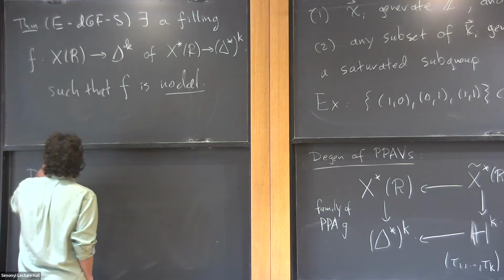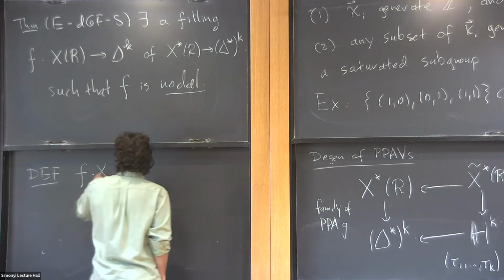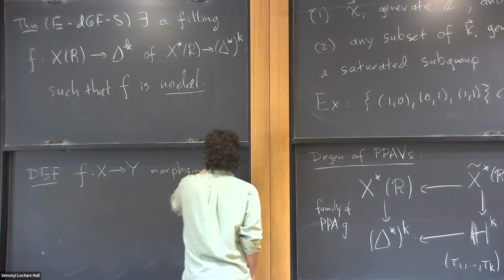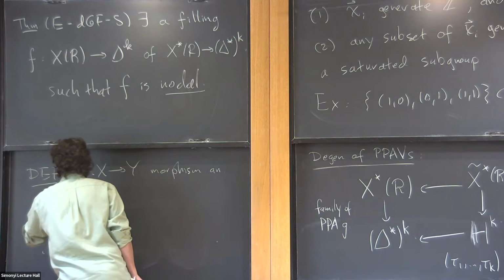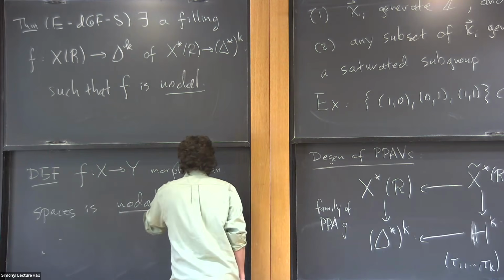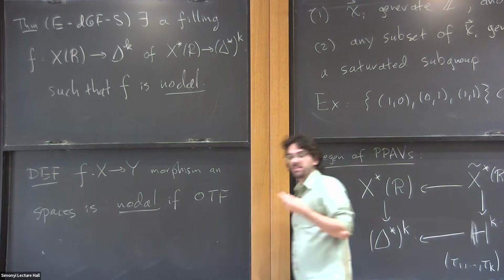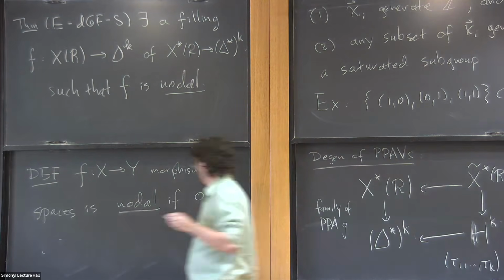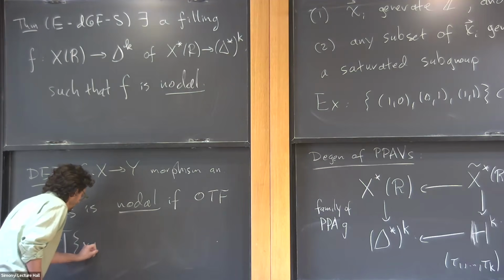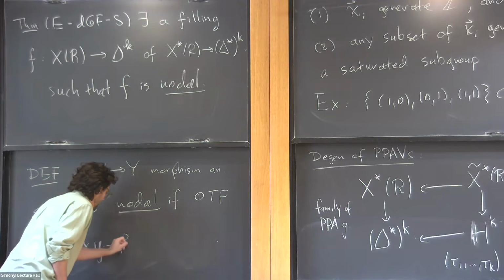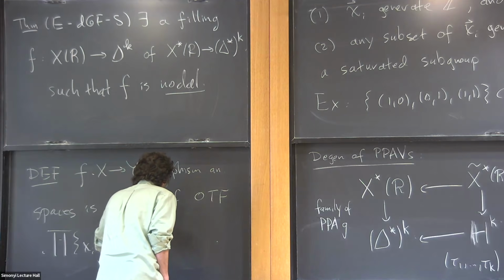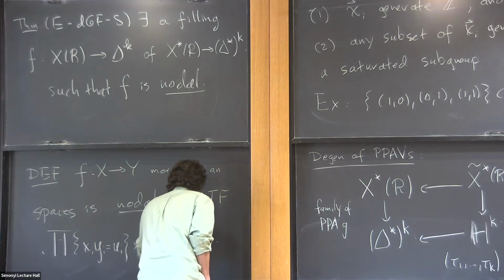Definition: f from X to Y, let's say a morphism of analytic spaces, is nodal if it is analytically locally of some specified shape. Okay, so what is this specified shape? Well, I take a product of node smoothings, say J plus L or something.